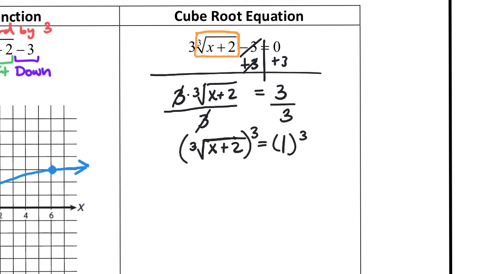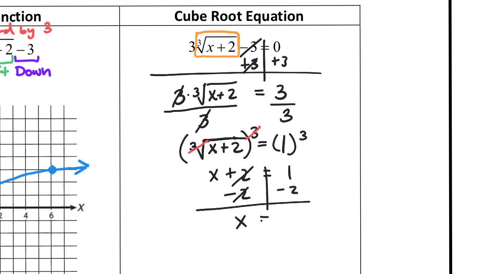So that's going to cancel the cube root and the cube. x plus 2 equals 1. Right? 1 times 1 times 1 is 1. And then subtract 2, x equals 1 minus 2, which is negative 1.